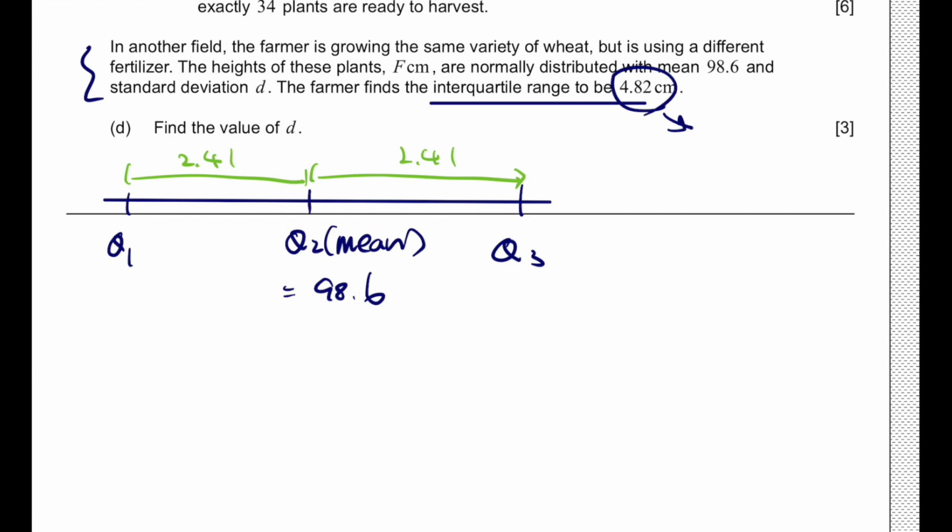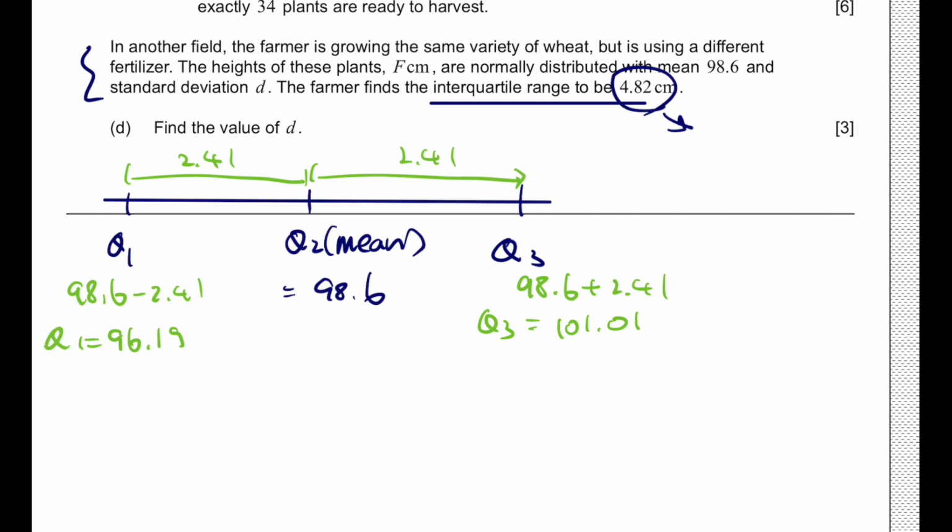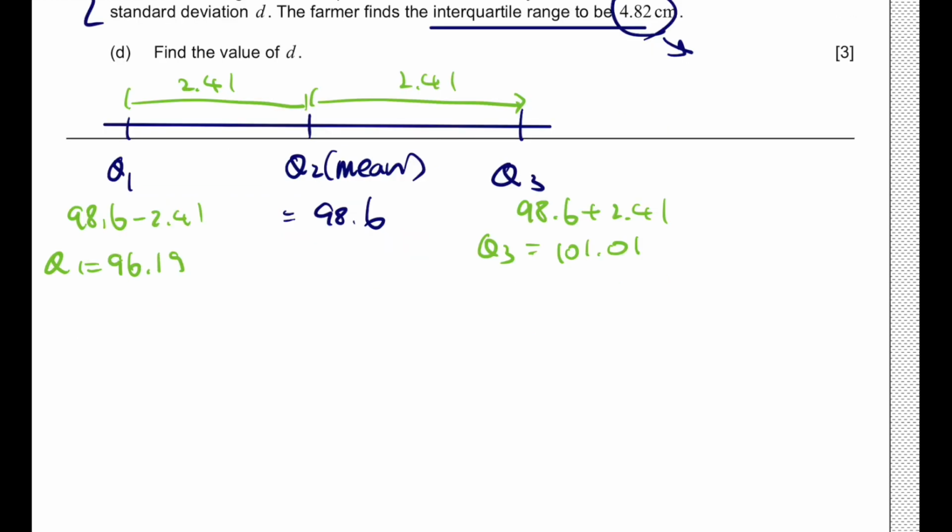Then our Q1 value is 98.6 minus 2.41, which equals 96.19. And the Q3 value is 98.6 plus 2.41, so our Q3 value is 101.01, right? So this is the information that we have already. Then we know that D is a standard deviation value, so we're going to set the probability and use inverse norm to calculate our standard deviation.